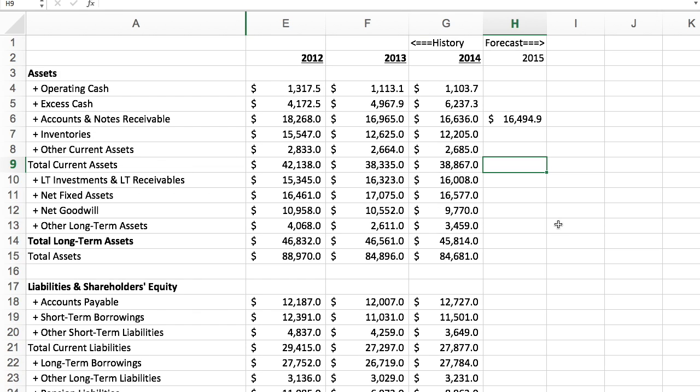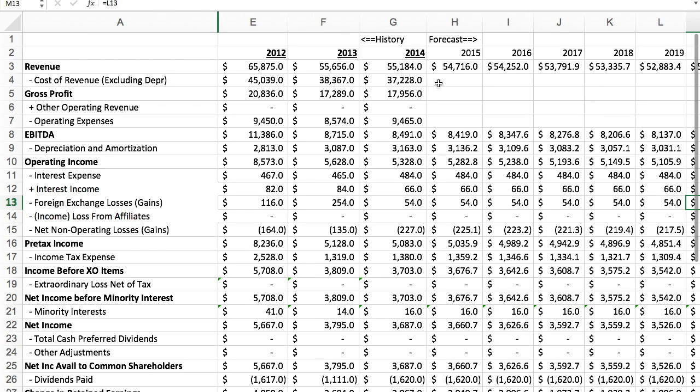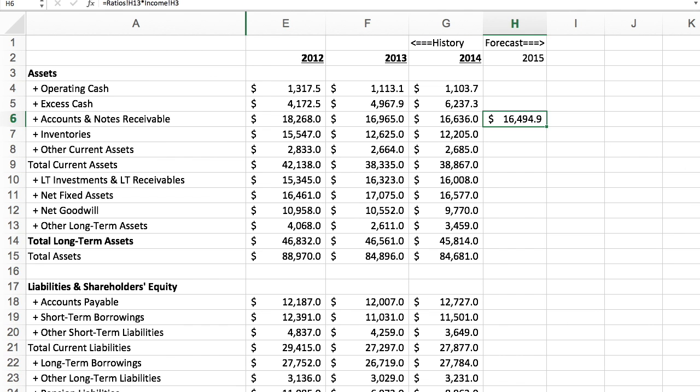So what I did equals ratios H13, which is the accounts and notes receivable as a percentage of revenue for 2015, times 2015 forecasted revenue in dollars. Gets me the dollars of accounts receivable on the balance sheet.